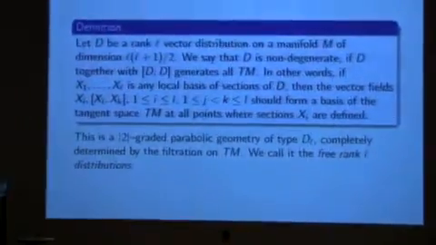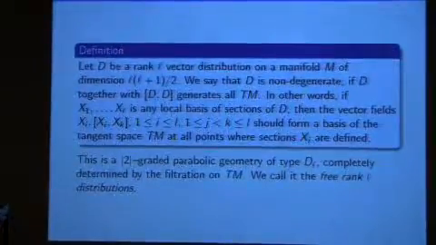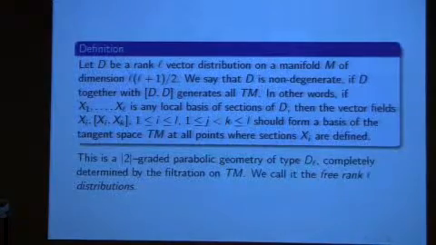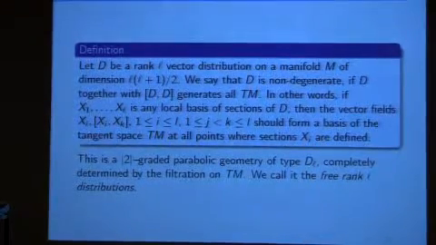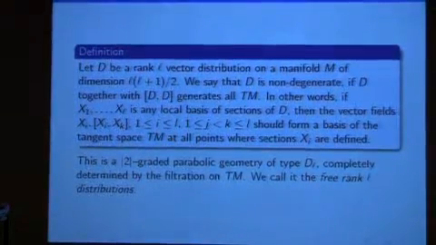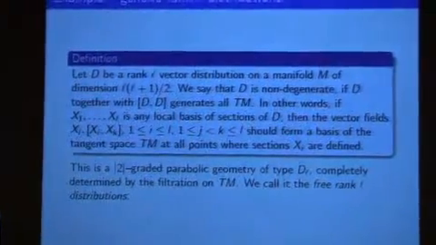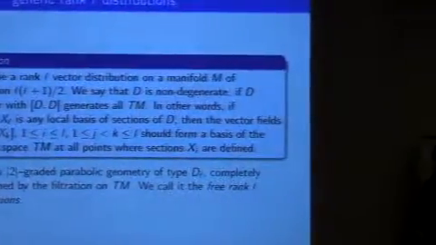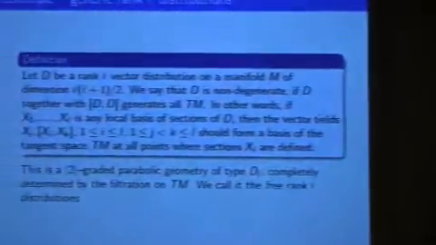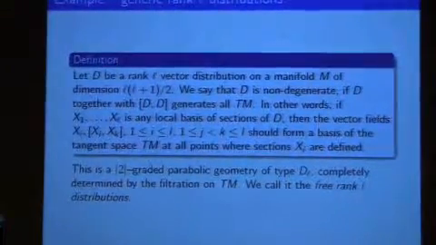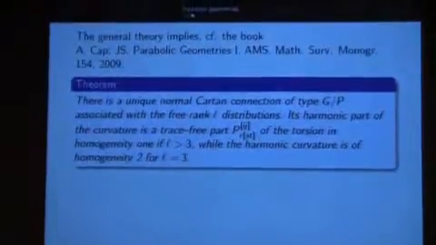The lowest dimensional case was discussed by Robert Bryant, a three-dimensional distribution in a six-dimensional manifold. And this is just a general series of the same thing. Of course, the lowest dimensional case, again, has a completely different structure of curvature, as always. Yes.